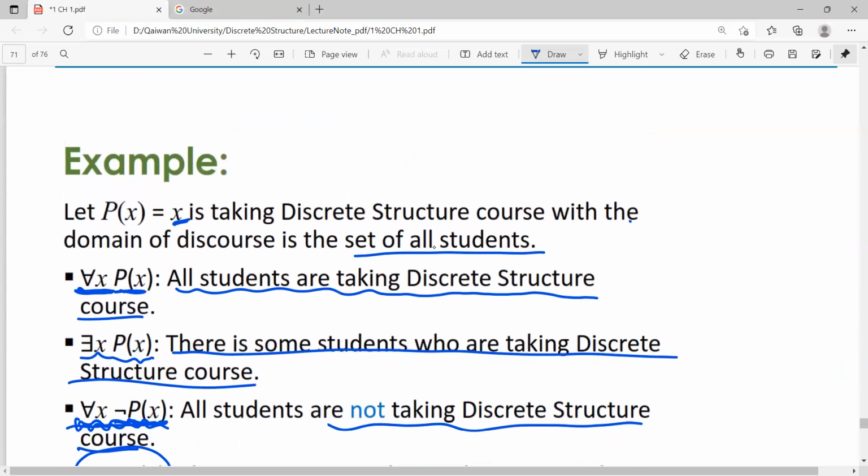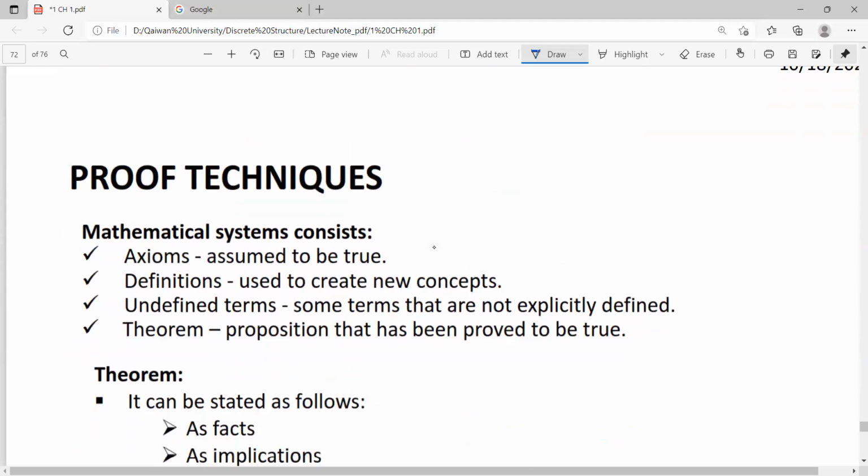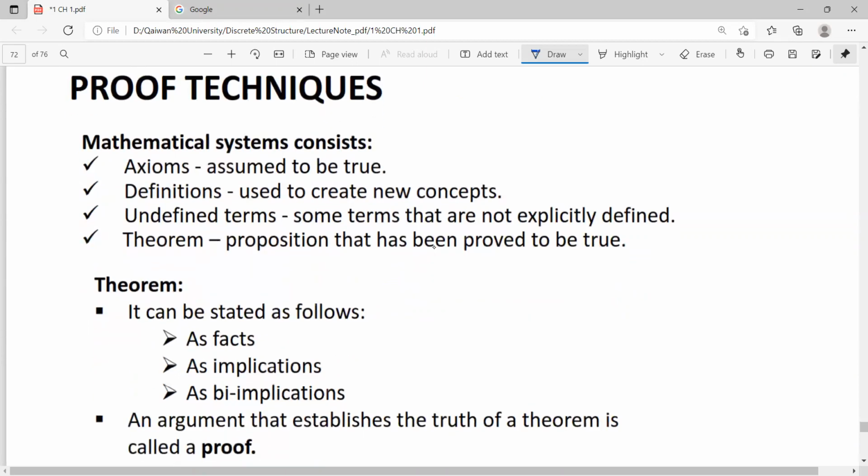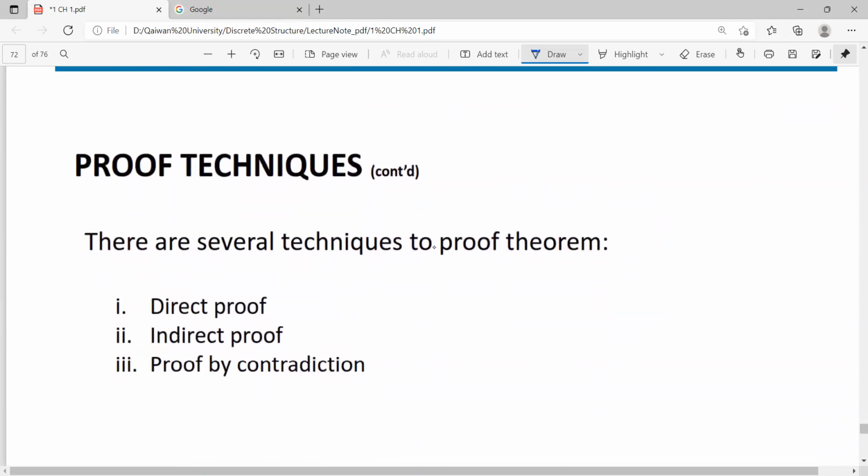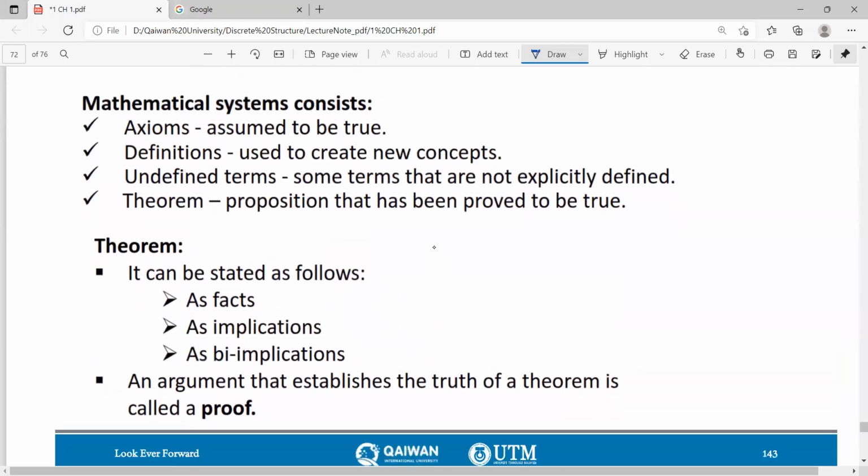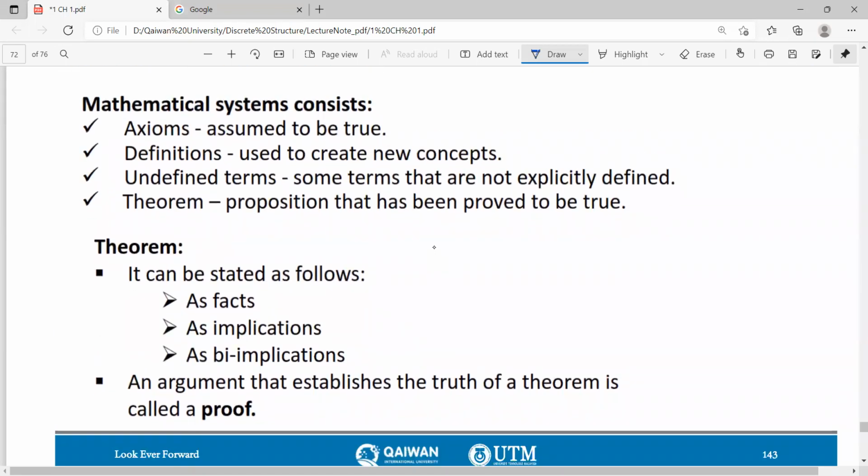And these are examples about negation of universal and existential quantifiers. Now we have the last topic in this chapter, which is proof techniques. Here we just talk about 3 techniques of proofs, which are direct, indirect, and also proving by contradiction.